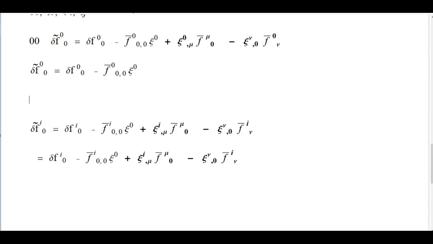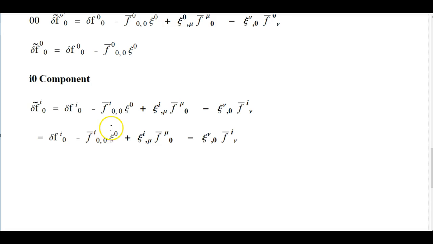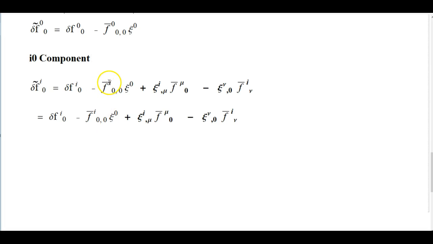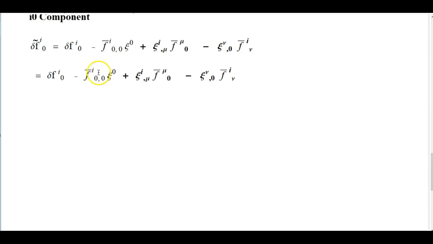This is the I0 component. This F bar I0 is a value in the background FRW space.